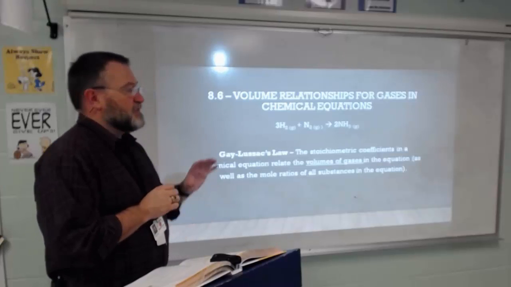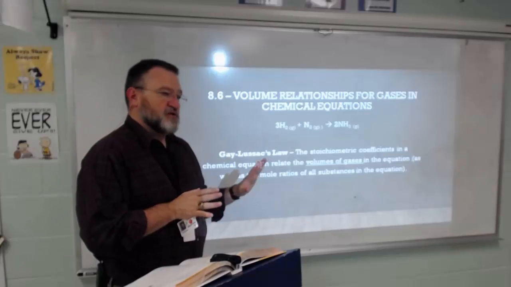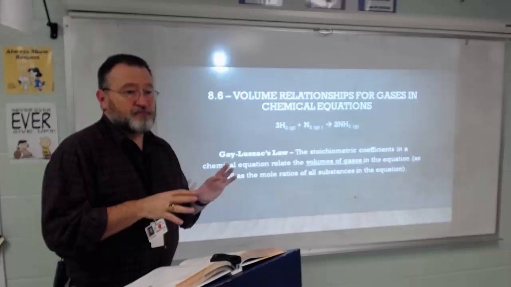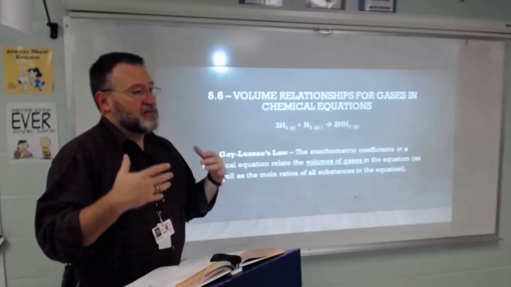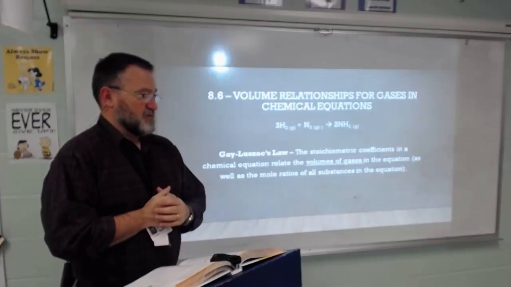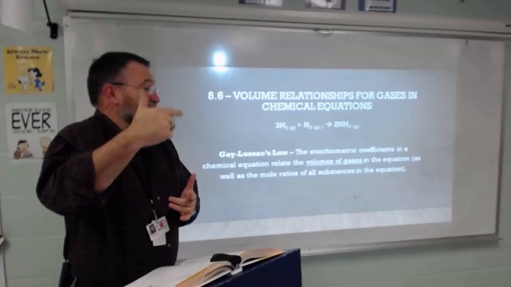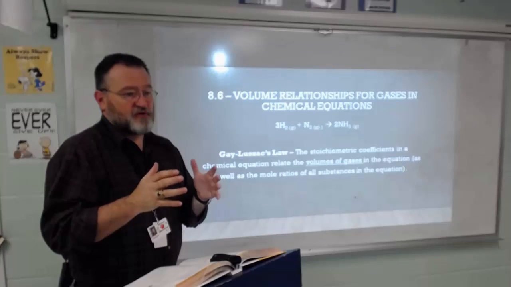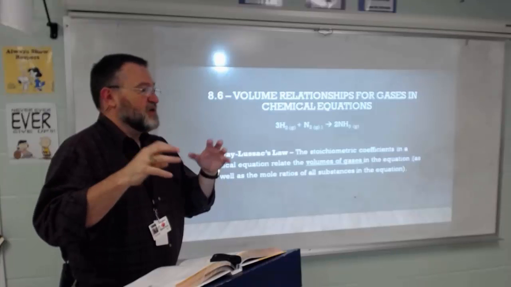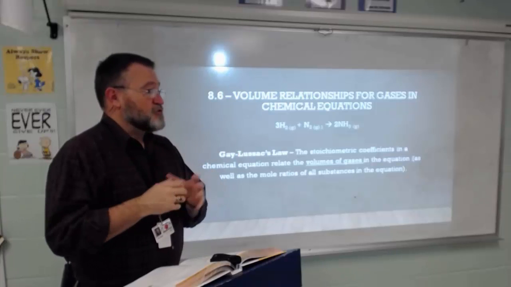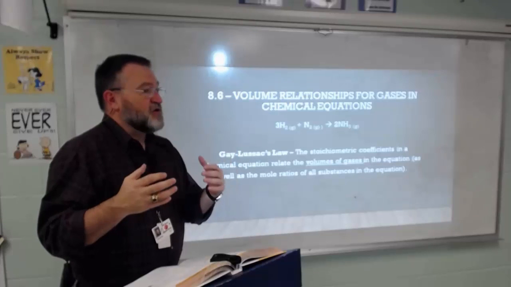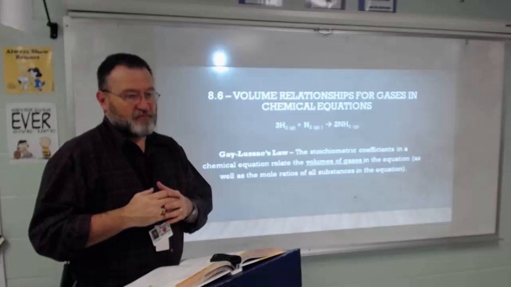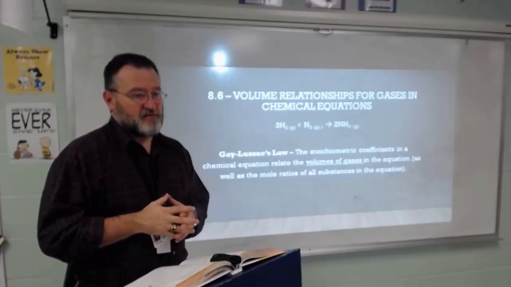We know that the stoichiometric coefficients represent the number of moles of every single molecule in the balanced equation. We can now add to that a little piece of knowledge that says not only do the stoichiometric coefficients relate to the count, usually in moles, but it also relates to the volumes of the gases, but only the gases.